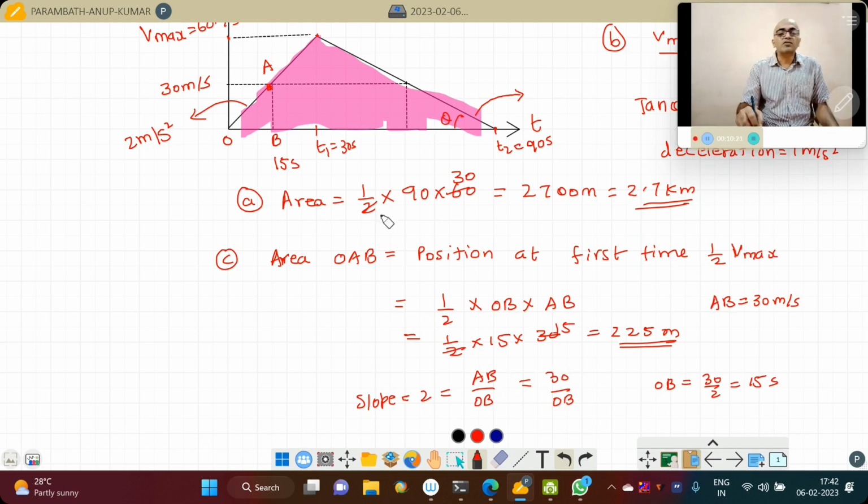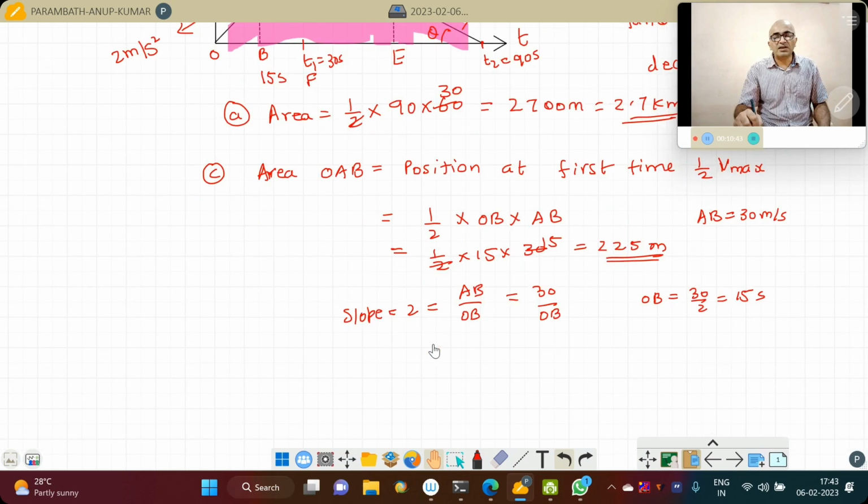Now I focus on further areas. This is C, D, E, and I can also utilize this F, this area E. Students, what area I have to find out? Let me make it clear to you.